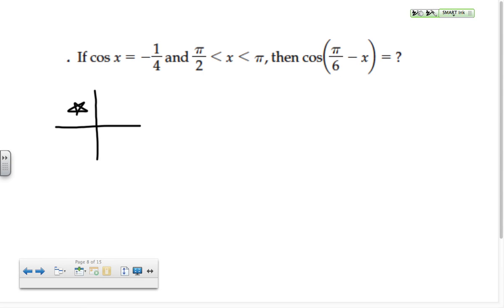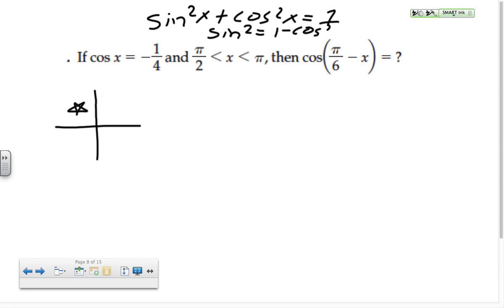So the very first thing we need to do is that in order to solve this, we need to know what sine of x is. So if you use your Pythagorean theorem, sine squared x plus cosine squared x equals 1, you also know that sine squared x equals 1 minus cosine squared x, right?